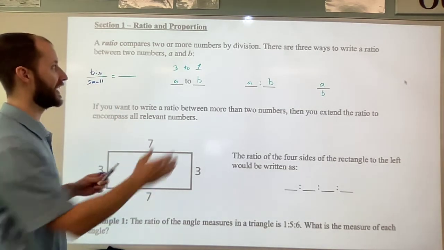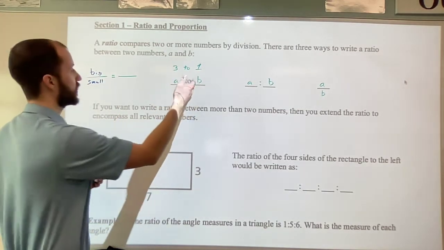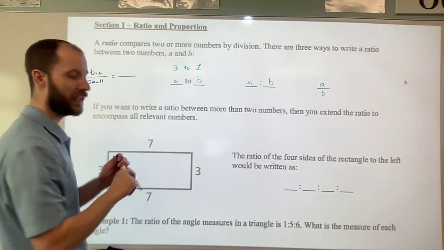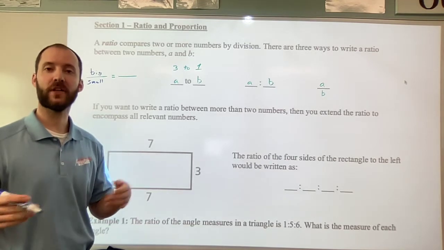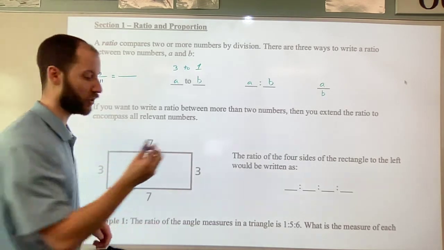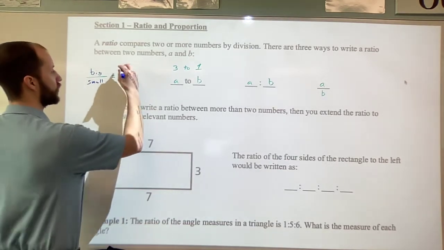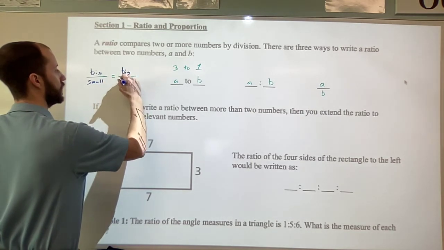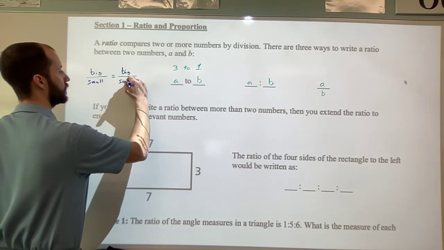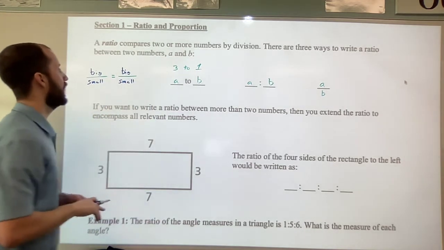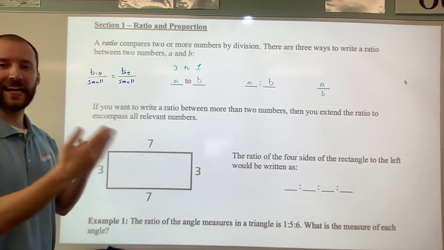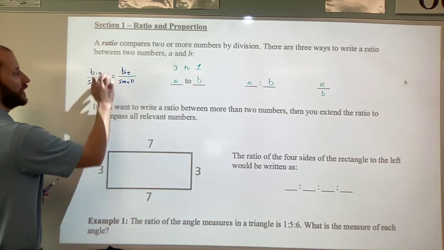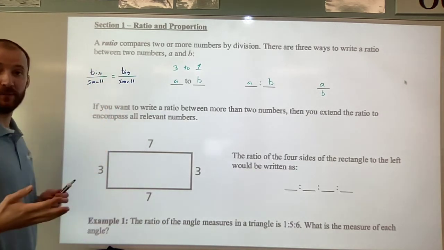So if we're looking at this example, I would compare the A to the B, the big to the small, and then use that same comparison in the other ratio, also big to small. And then I get that horizontal consistency. The bigs are on the top, the smalls are on the bottom.